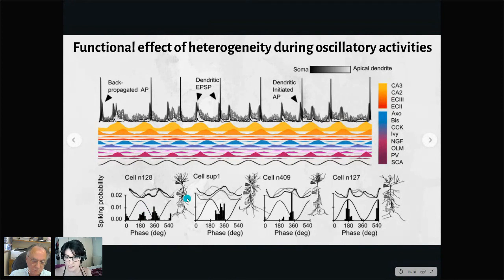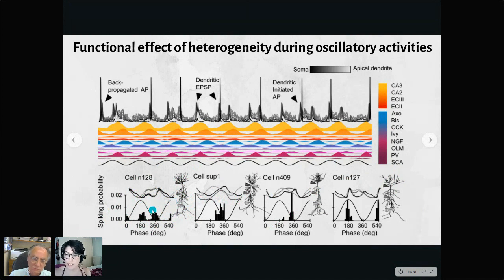That means it has the same intrinsic properties, but across different morphologies, our 4 morphologies. We can see in the bottom the firing histogram, and in the upper part the membrane potential, the soma in black, then the middle, and the lighter is the distal apical dendrite.